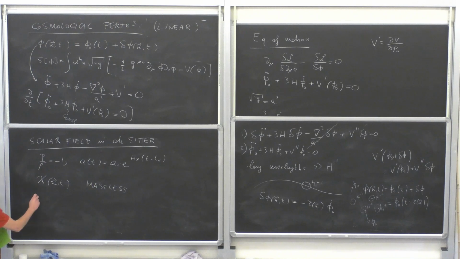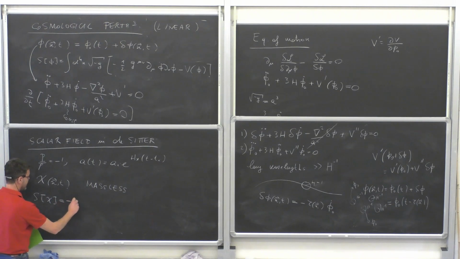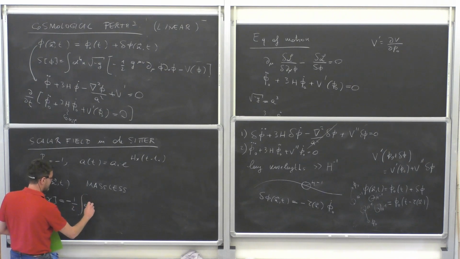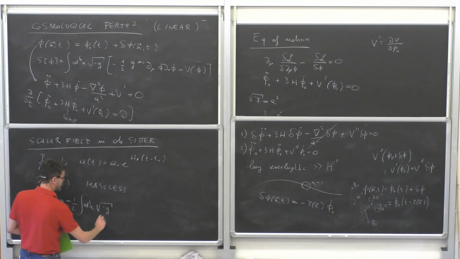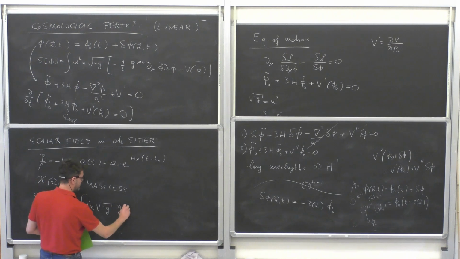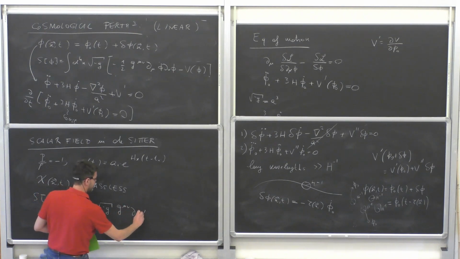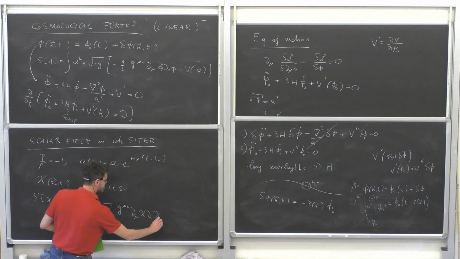So the scalar field has an action like this: minus 1/2 integral d^4x square root of minus g times g mu nu inverse partial mu chi partial nu chi. Okay?